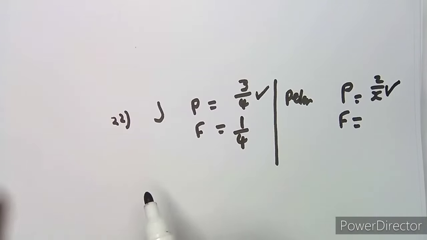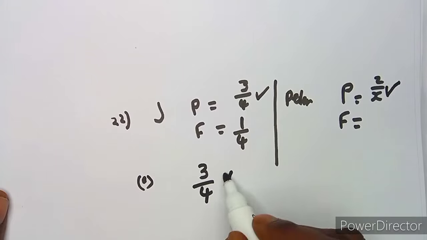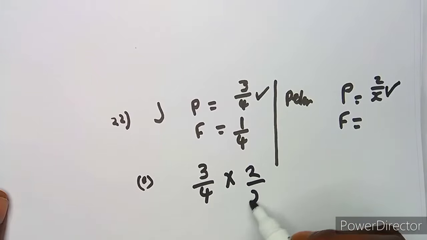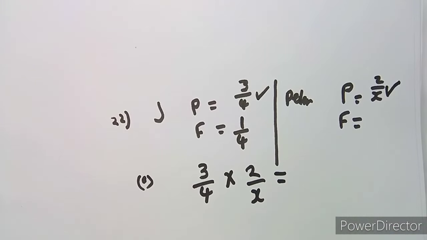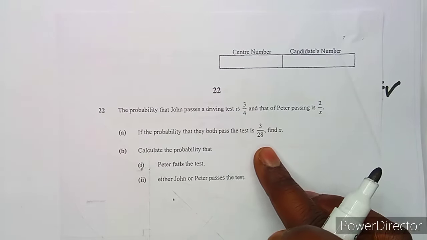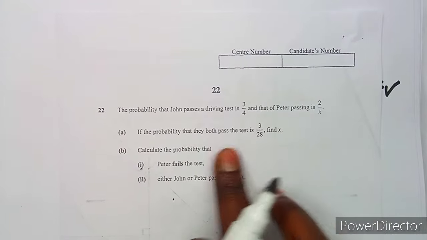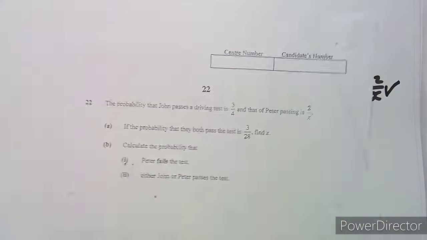Both means we multiply. So if we multiply 3 over 4 times 2 over x, we obtain the probability that we are given, which is 3 over 28.